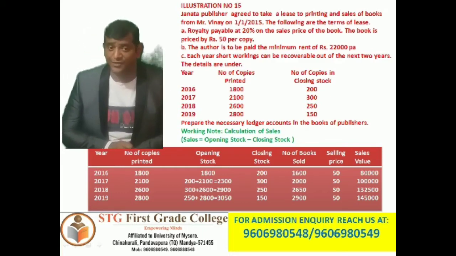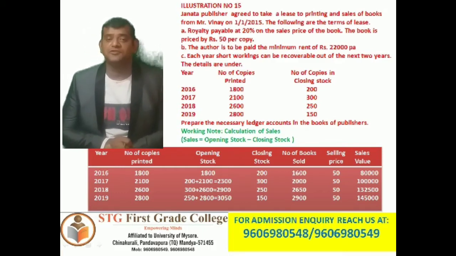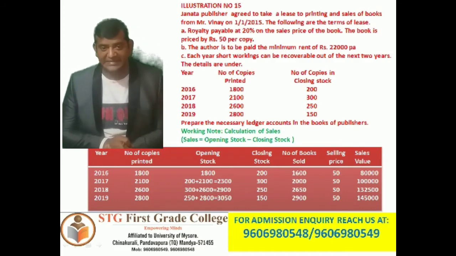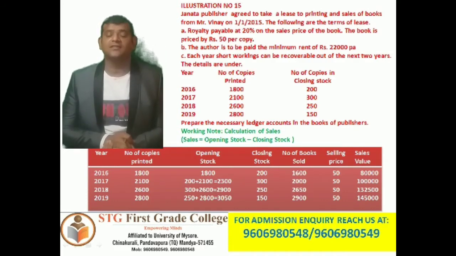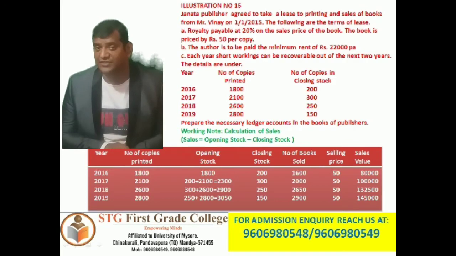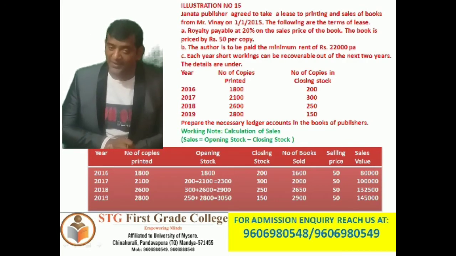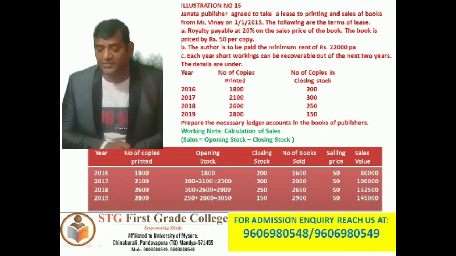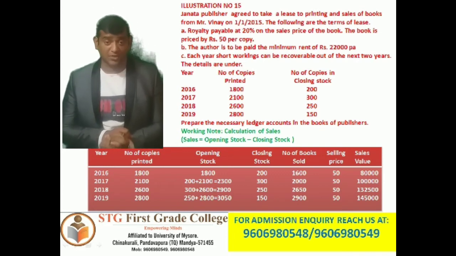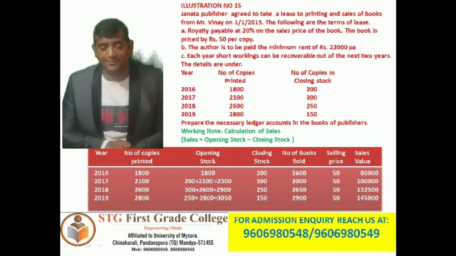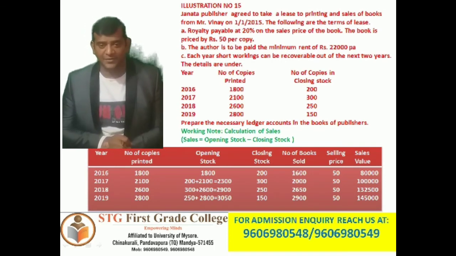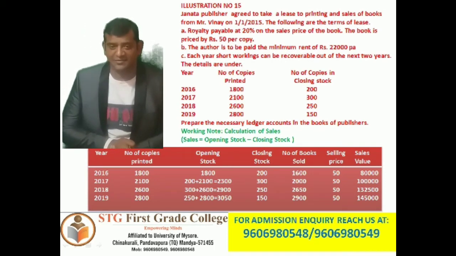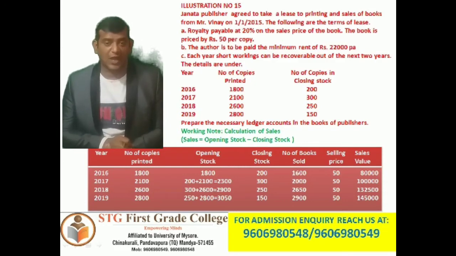So next, in the year 2017, 2,100 copies were printed. The previous year's closing stock will always be the opening stock for this year. So the closing stock of 2016 is 200 books plus the present year printed 2,100. So a total of 2,300 books are there in stock.